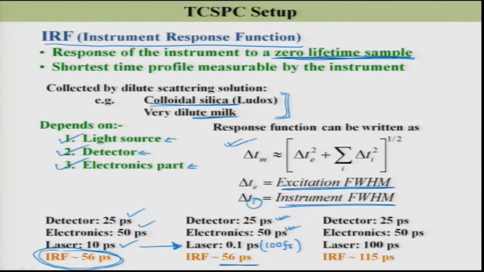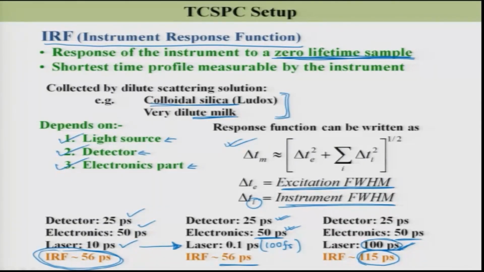If you change the laser from 10 picosecond to 100 picosecond, then you see the effect. Now the IRF will be 115 picosecond. So the limit is over here, in this case the laser part, because it is the highest value among these three.